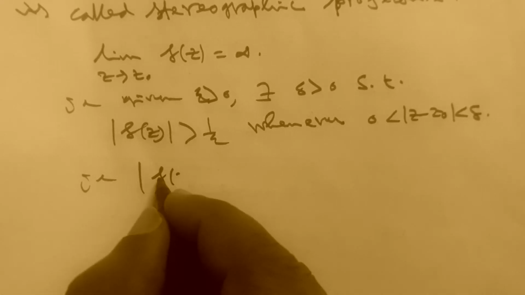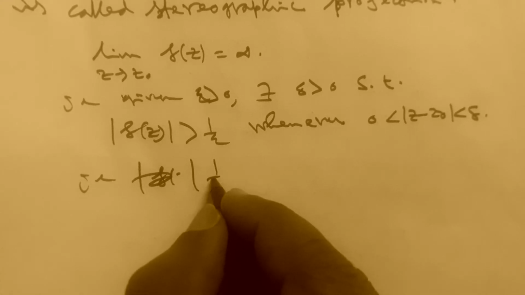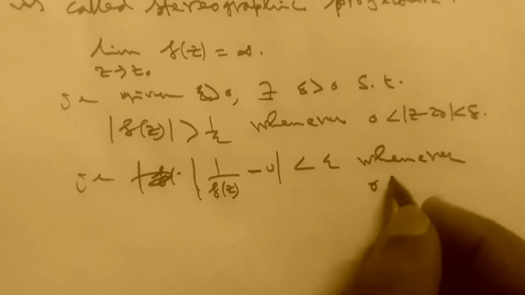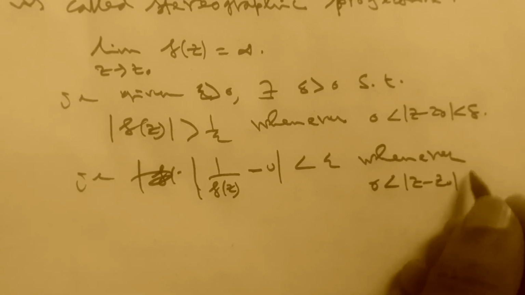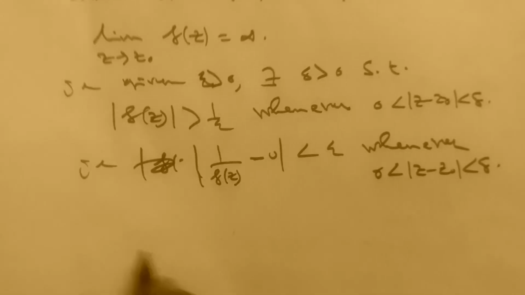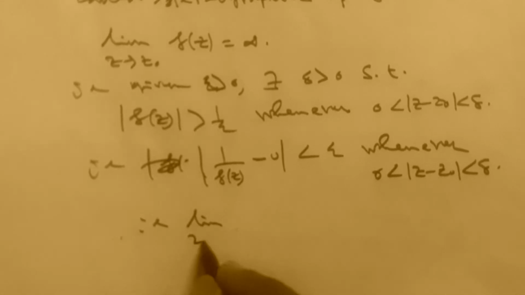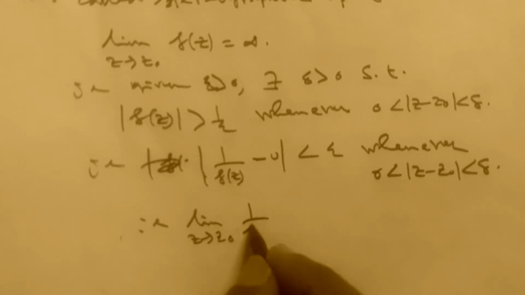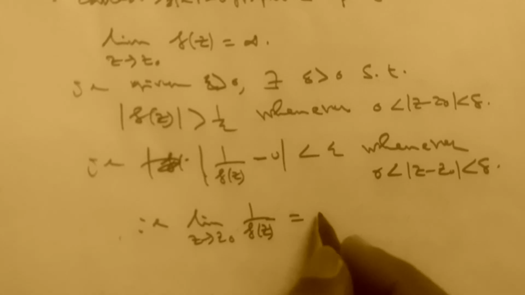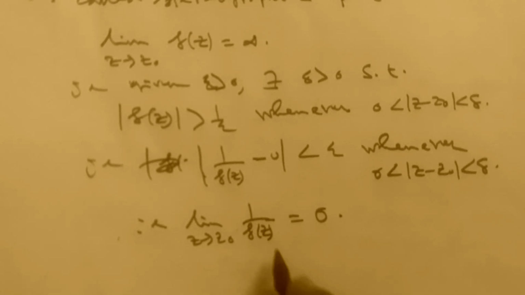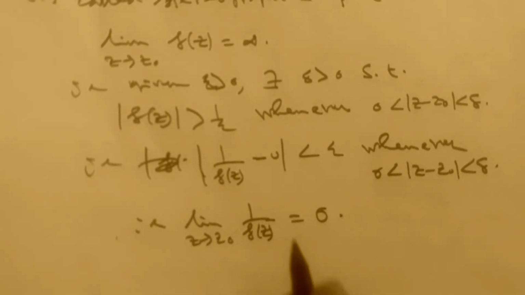Alternatively written, mod of 1 by f(z) minus 0 is less than epsilon whenever 0 less than mod of z minus z0 less than delta. That is, limit as z tends to z0 of 1 by f(z) is equal to 0. We can write it as an alternative statement.